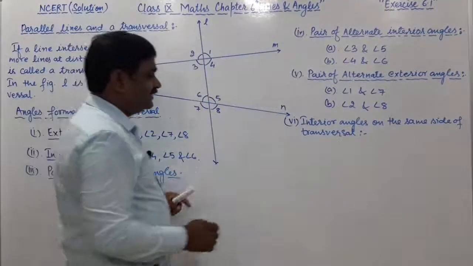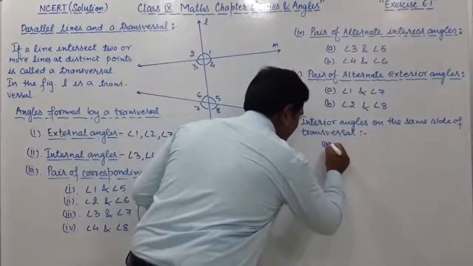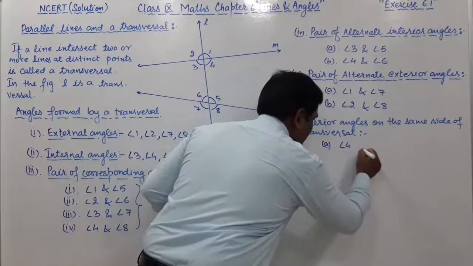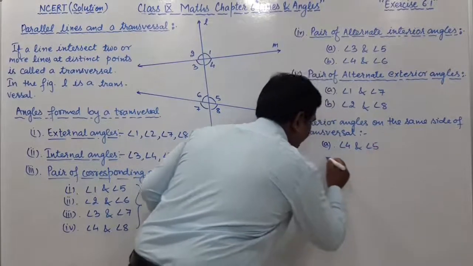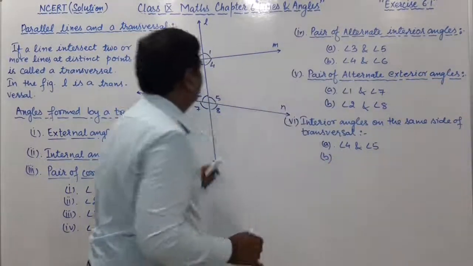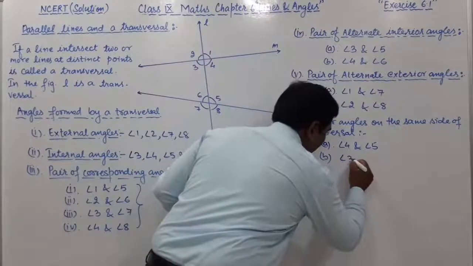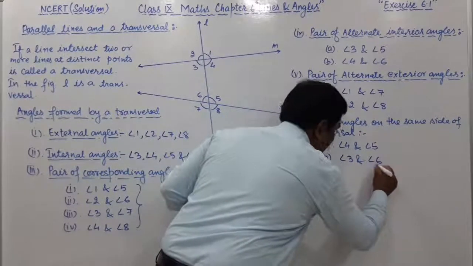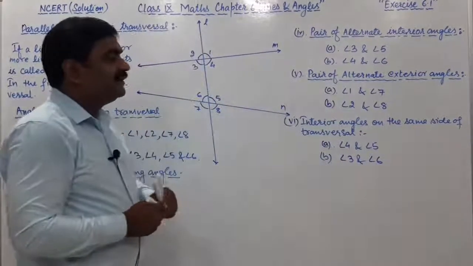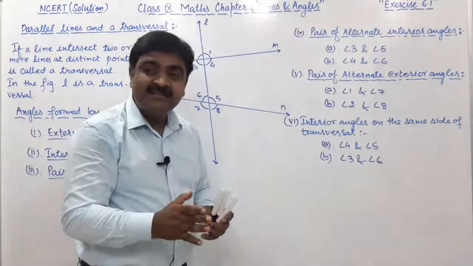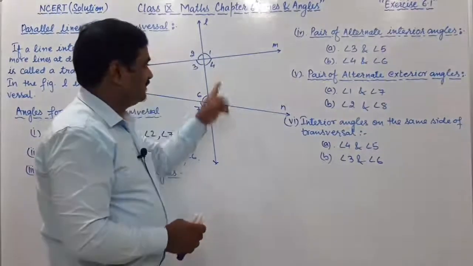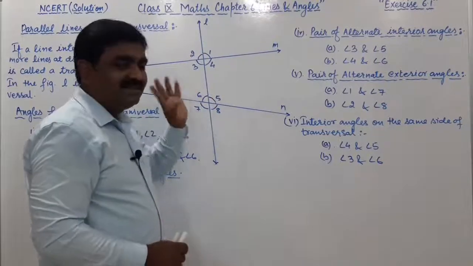Angle 4 and 5, first pair. Second, angle 3 and angle 6. These are the pairs of interior angles on the same side of the transversal: 4 and 5, 3 and 6.